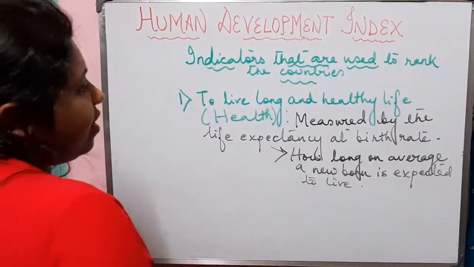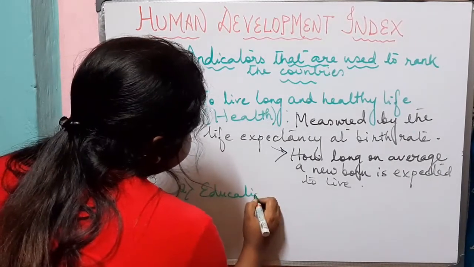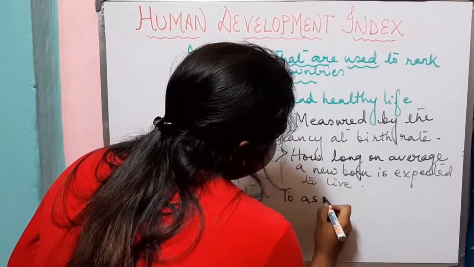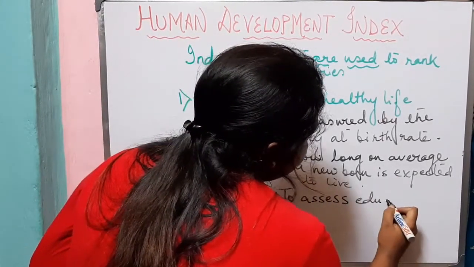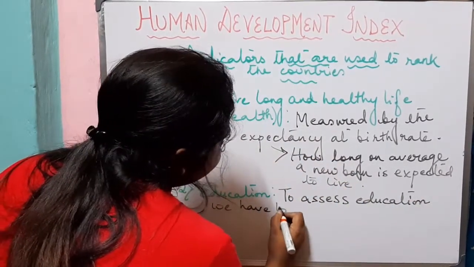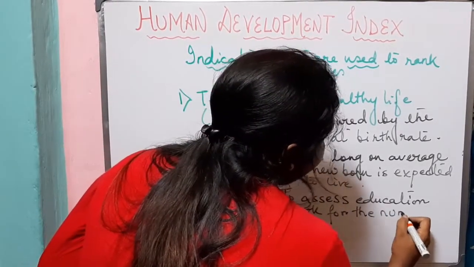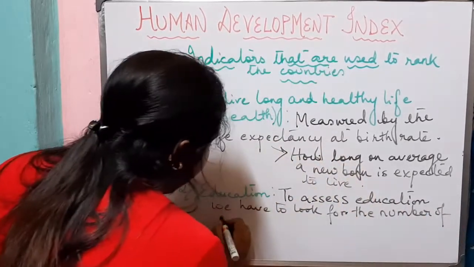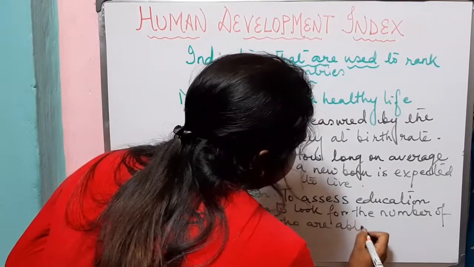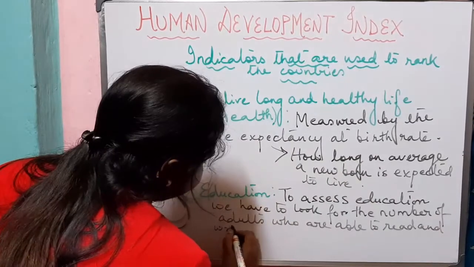The next key area in human development is education. Now, how do we assess education? To assess education, we have to look for the number of adults who are able to read and write.